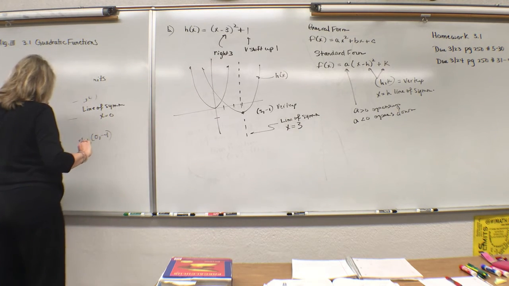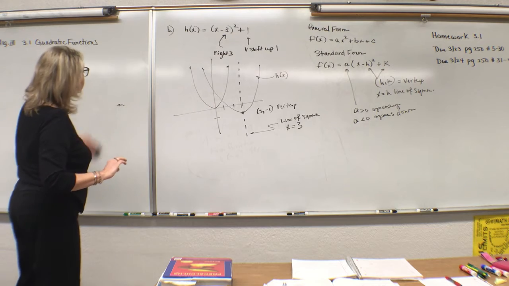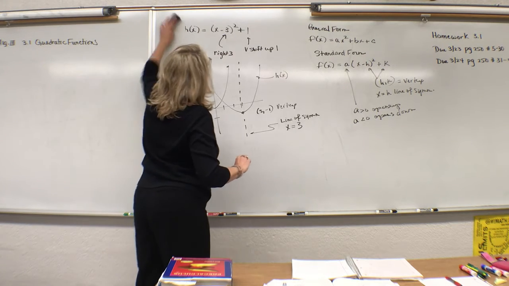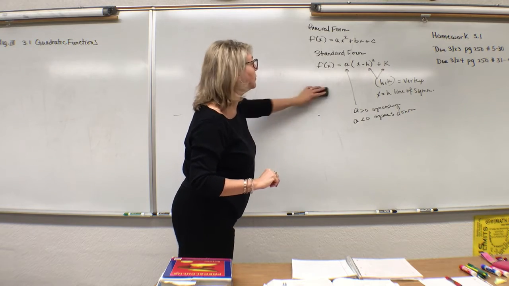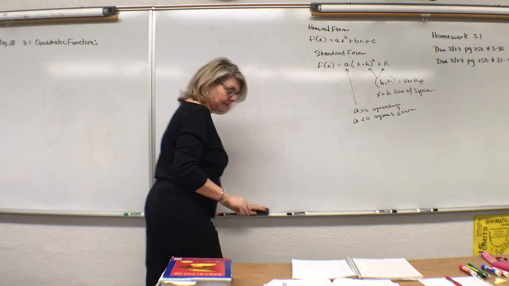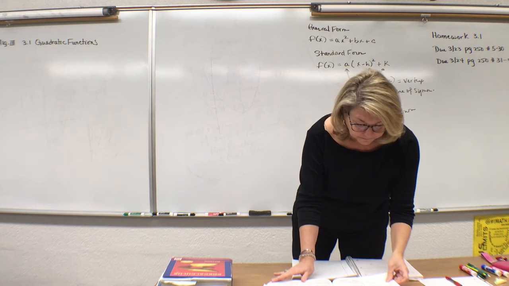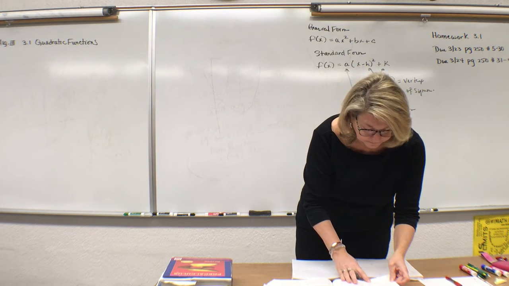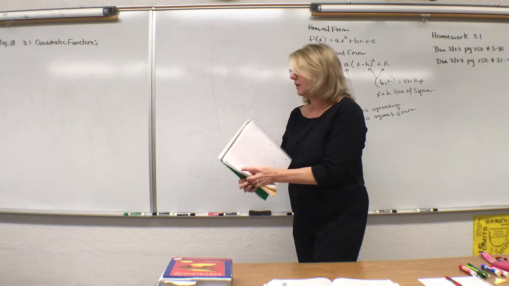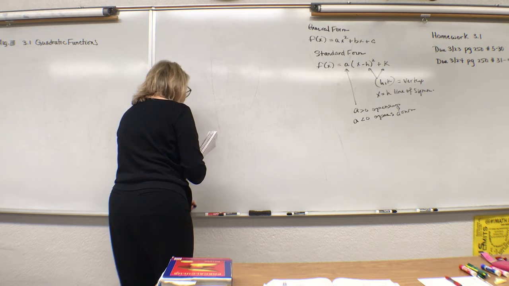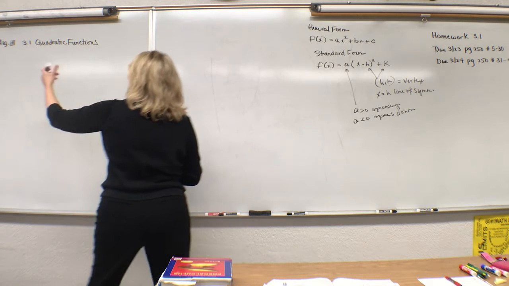So again, this is the example itself, and I'm going to do a side-by-side comparison of 2 solution methods. The first method we're going to use is the vertex method.